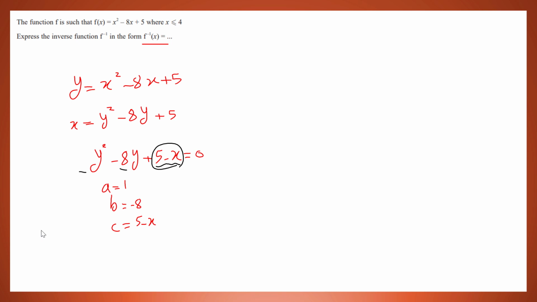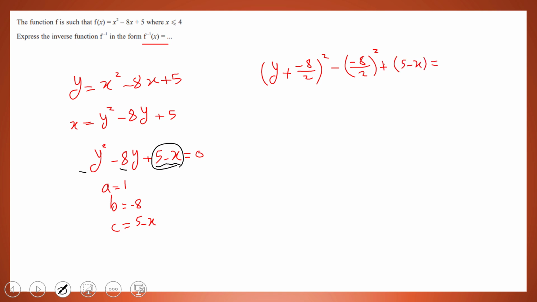It will be y plus negative 8 over 2 all squared minus negative 8 over 2 all squared, and then plus 5 minus x is equal to 0. So it will be y minus 4 all squared minus 16, and then plus 5 minus x is equal to 0.